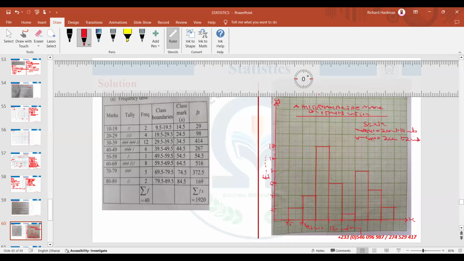Is that clear? And please don't write "2 centimeters to 10 units on the x-axis, 2 centimeters to 2 units on the y-axis." Just write x-axis that, y-axis that. If you write it all out, that will be the extra thing that you write.